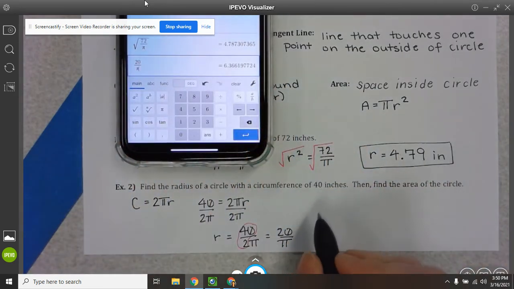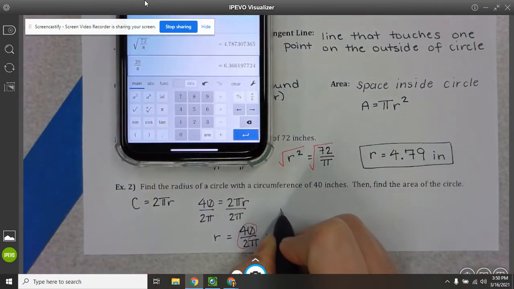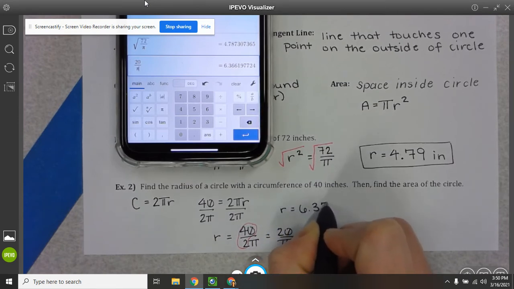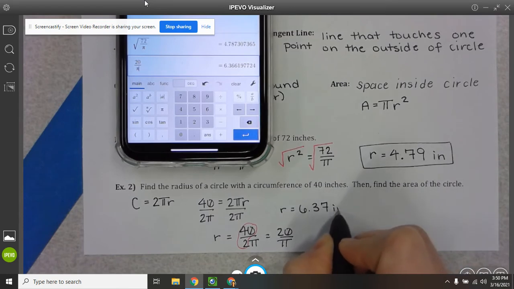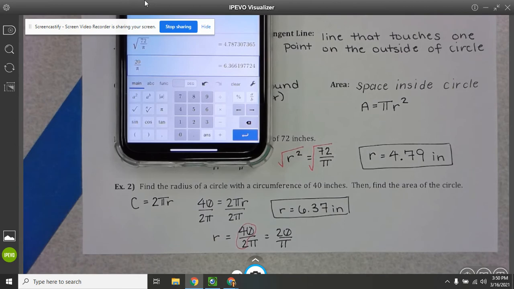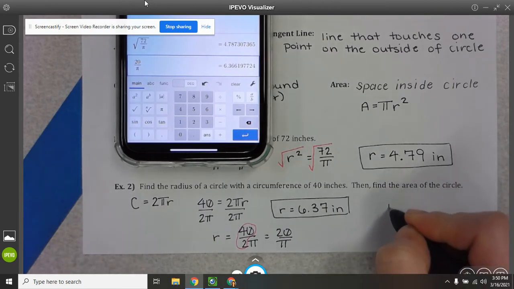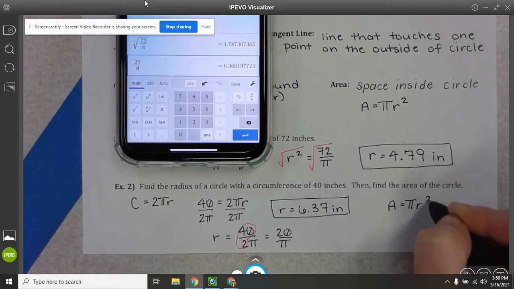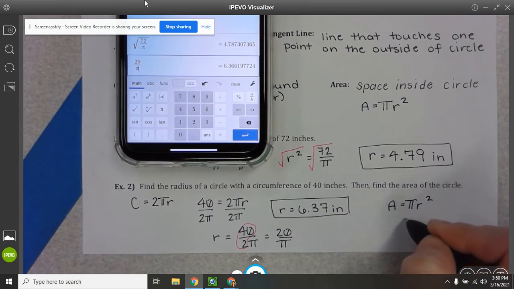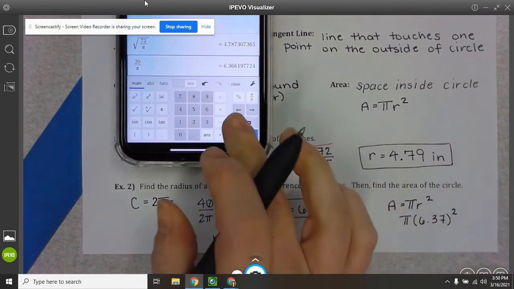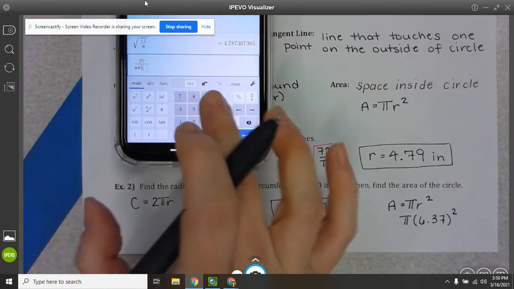So 20 divided by pi tells me that our radius is 6.37 inches. So there's part one of our answer. And then for the area, we're doing pi r squared. So I have pi times 6.37 squared, and I can put that in.